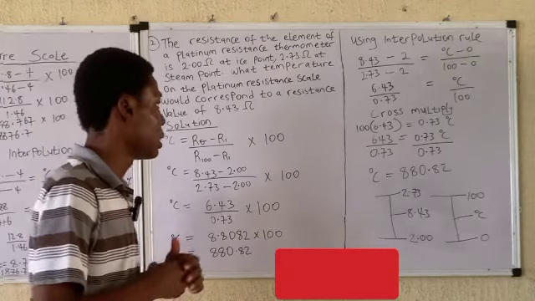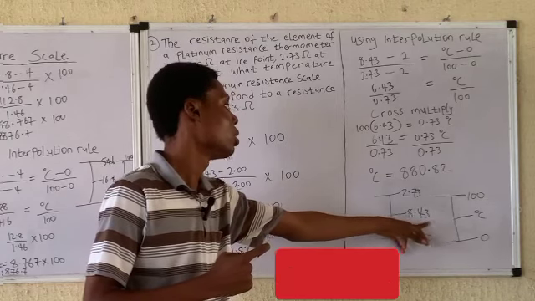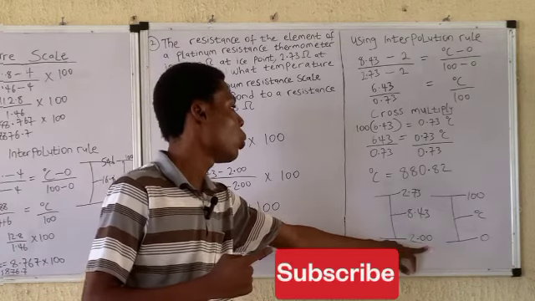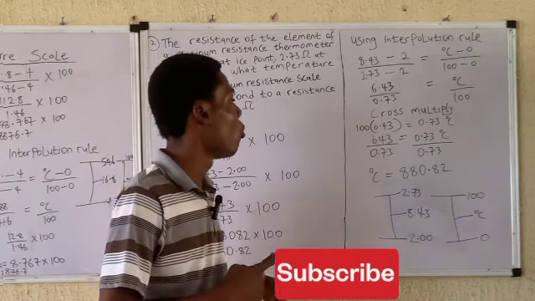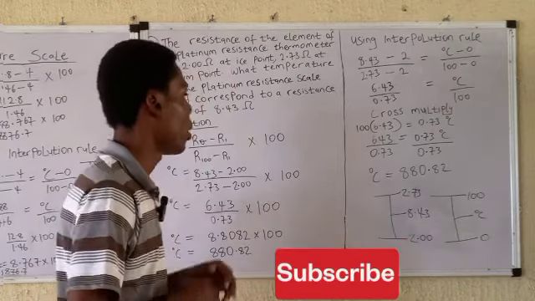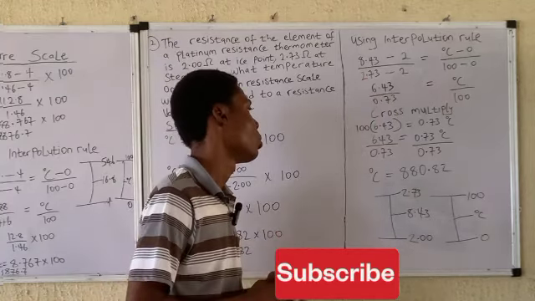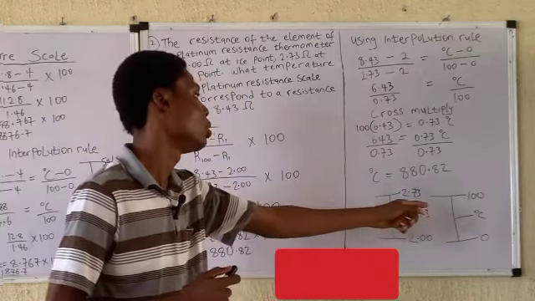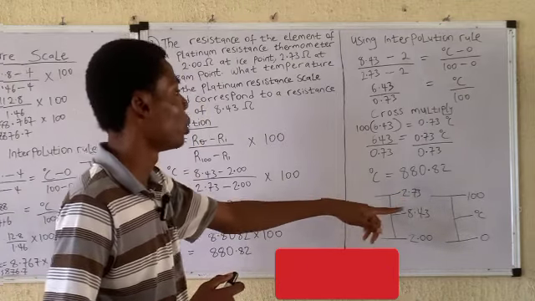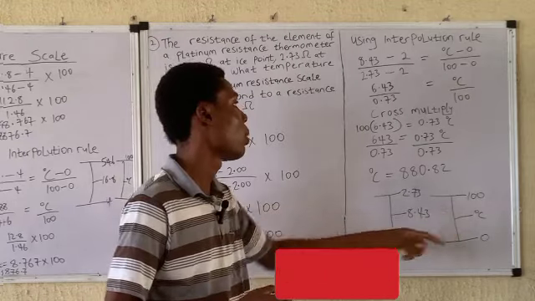So using the interpolation rule, we say 8.43 minus our lower fixed point over 2.73 minus our lower fixed point, which we have here. We do the same for our Celsius scale. We have Celsius minus 0, which is our lower fixed point, then 100 minus 0, which is our upper fixed point minus our lower fixed point.